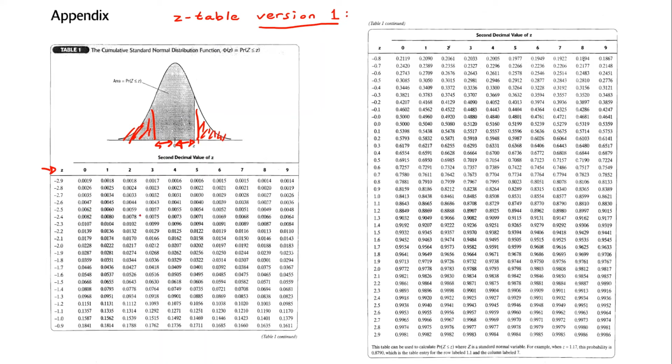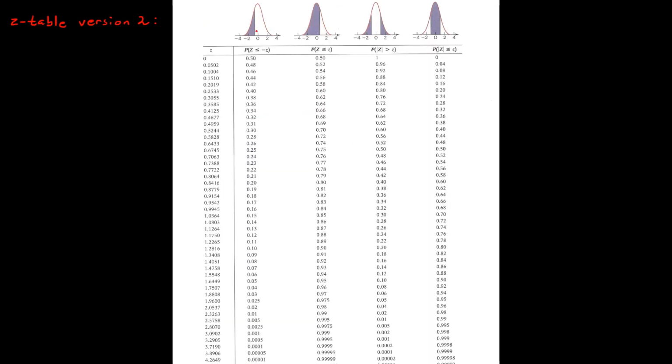So you have a lot of information here, a lot of probabilities, but for the second version of the table, you also have the left tail probability. Remember that you have the z number, but this is testing the negative of the z number.